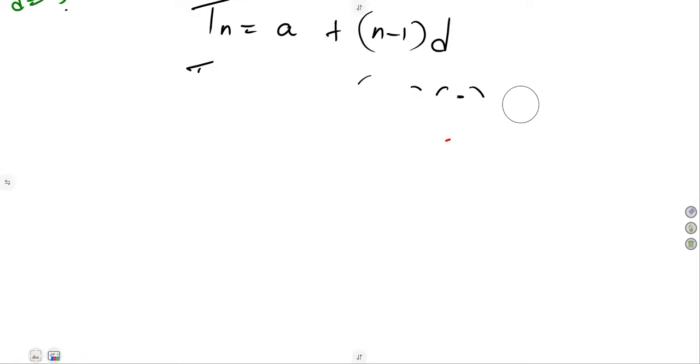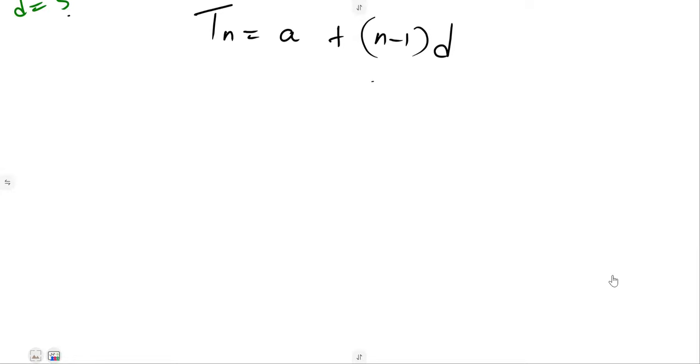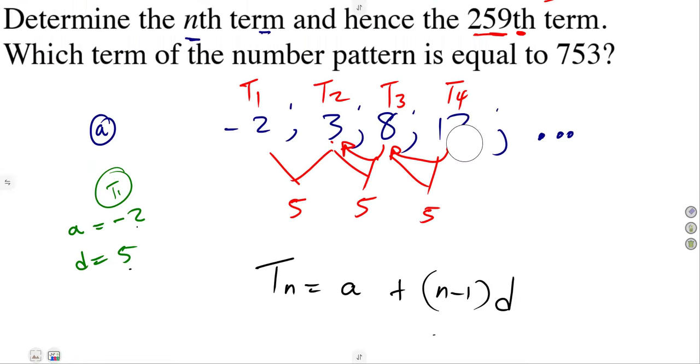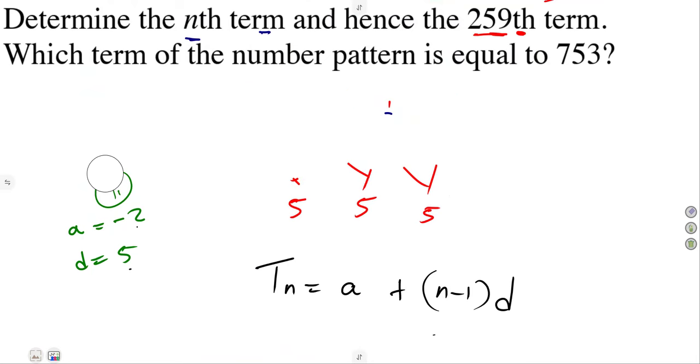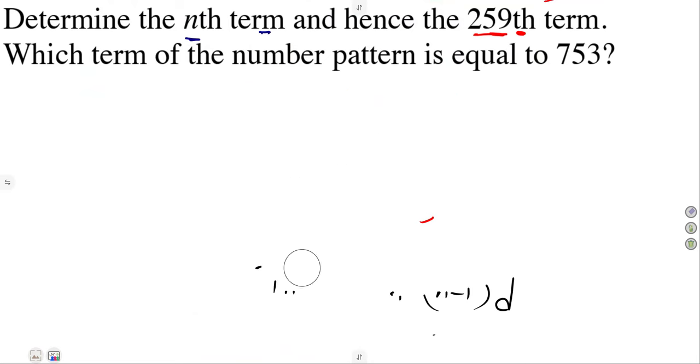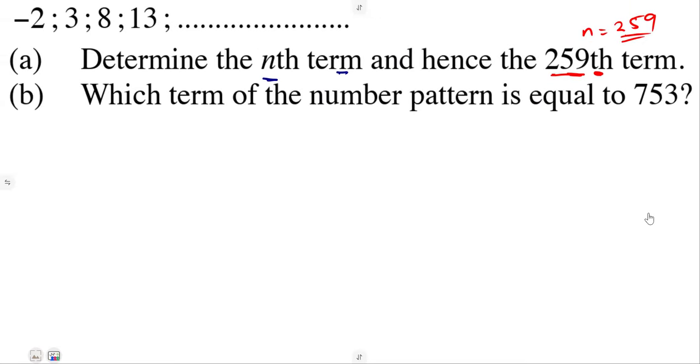Let us check. I think that will be the last question. Now on part B, they need us to determine which term of the sequence, or the number pattern, is equal to 753.